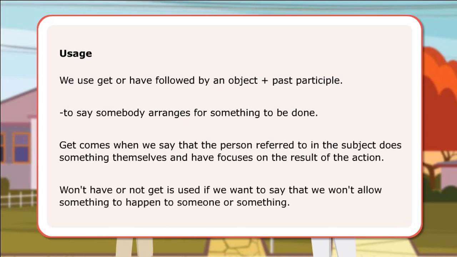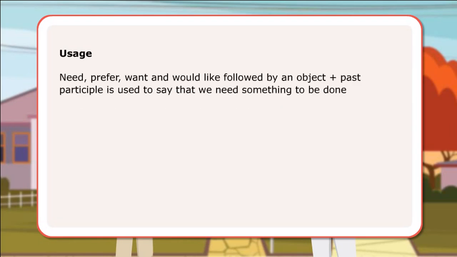Won't have or won't get is used if we want to say that we won't allow something to happen to someone or something. Need, prefer, want and would like followed by an object plus past participle is used to say that we need something to be done.